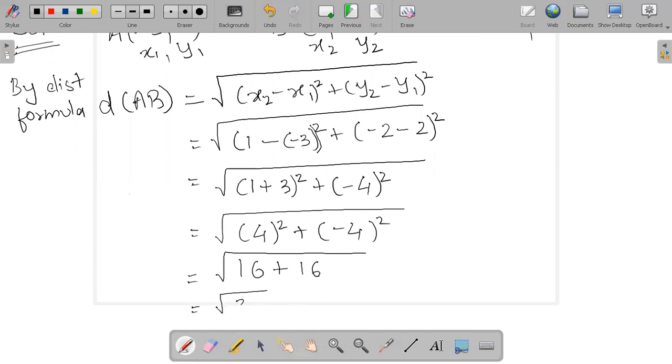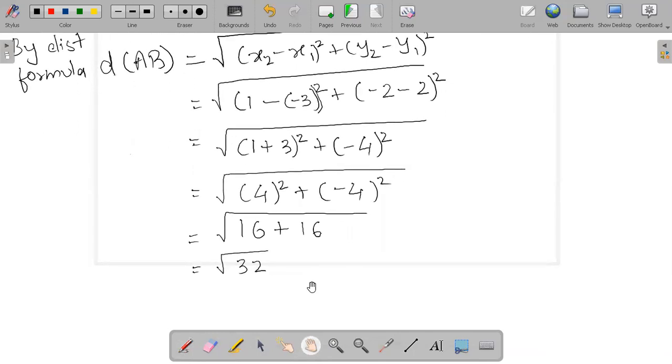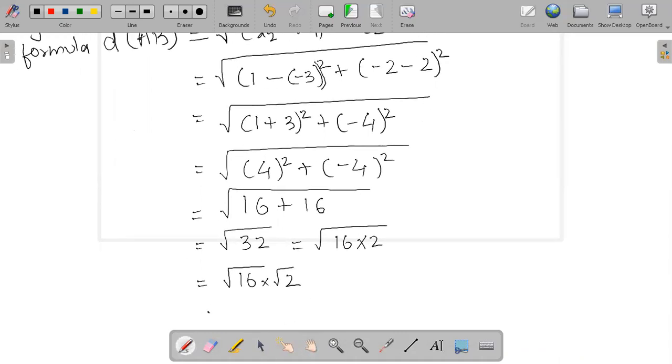32. And one thing, if you know, we can reduce this. So how will you do it? Write 32 as 16 into 2, correct. And then we'll distribute the square root. So root of 16, root of 2. We know square root of 16 is 4.